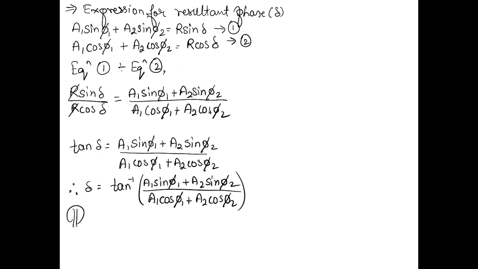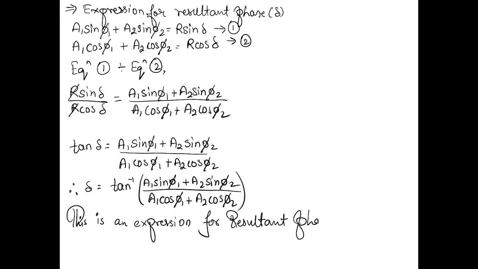So this is an expression for resultant phase. I request you all to please pause the video. You have to write all these things. I am moving to the next one.